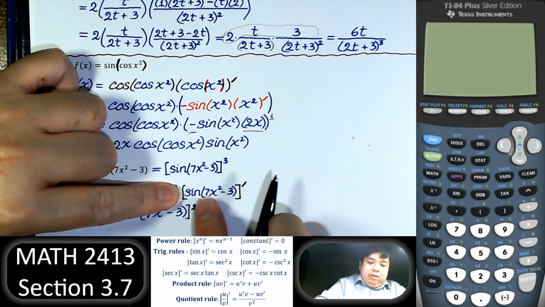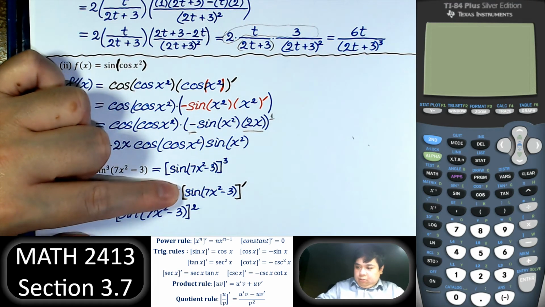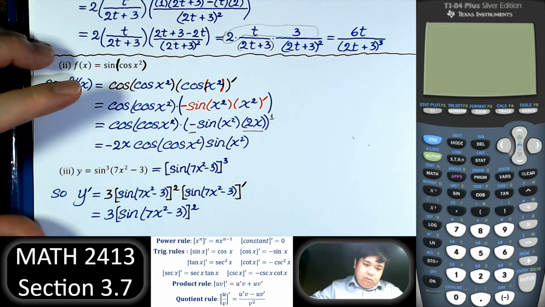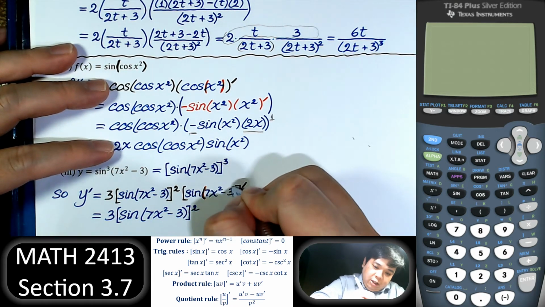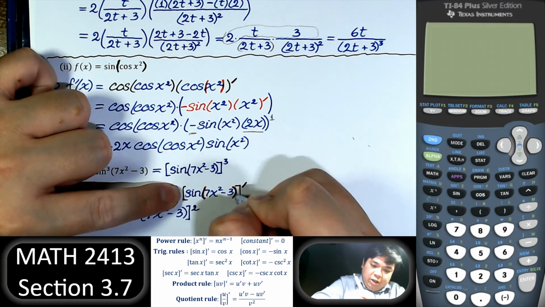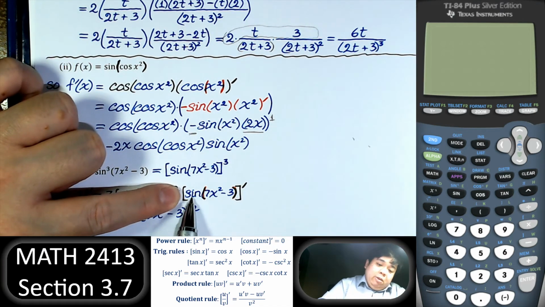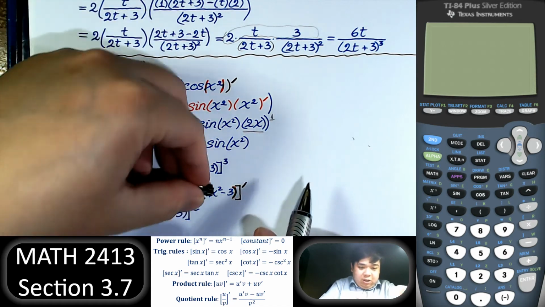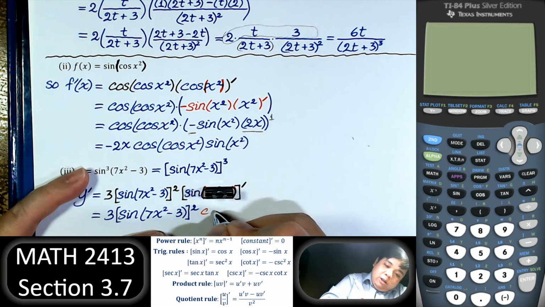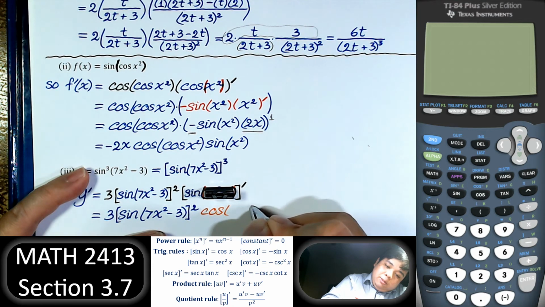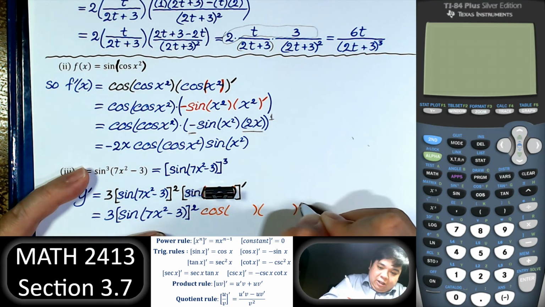Now, the derivative of this. We take the derivative of this, which involves sine of a parentheses. The derivative of sine of something is going to be cosine and then the derivative of that thing.